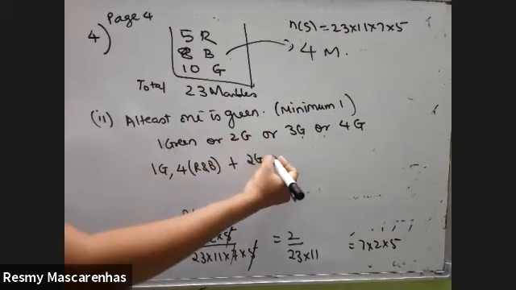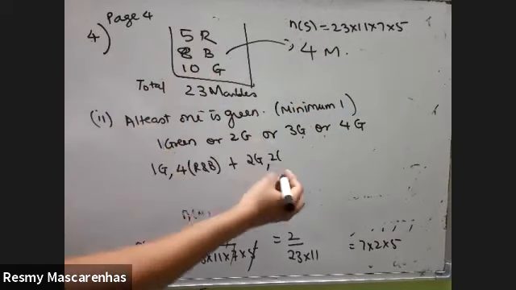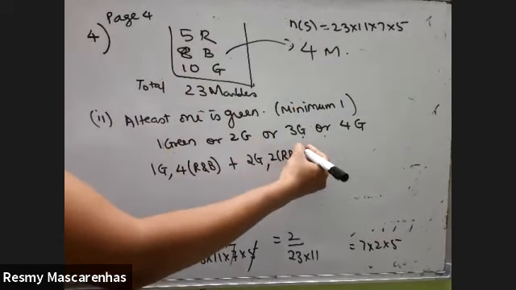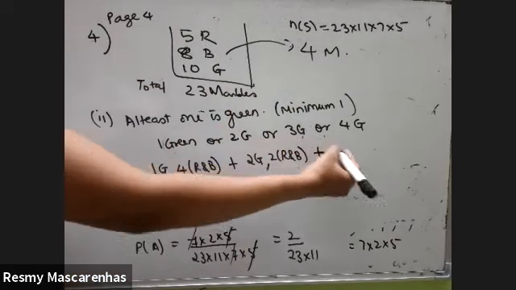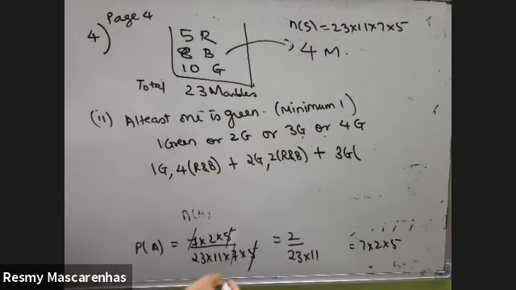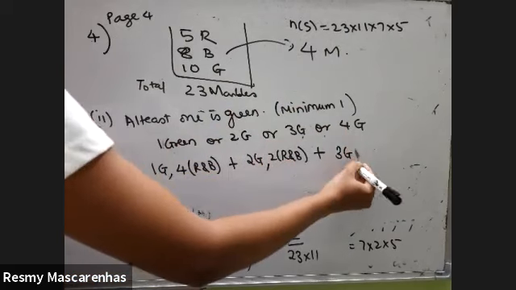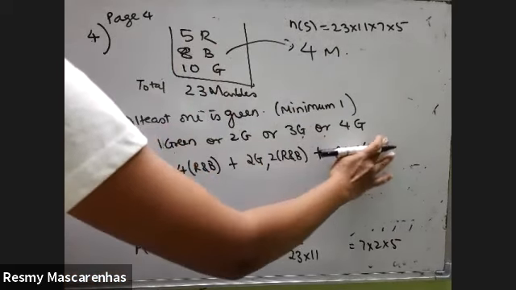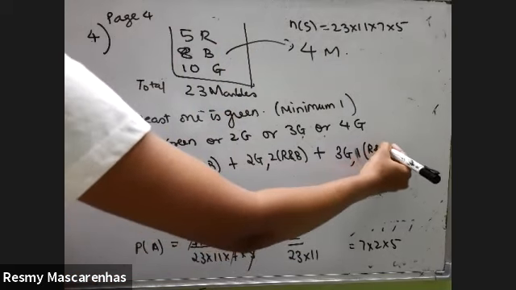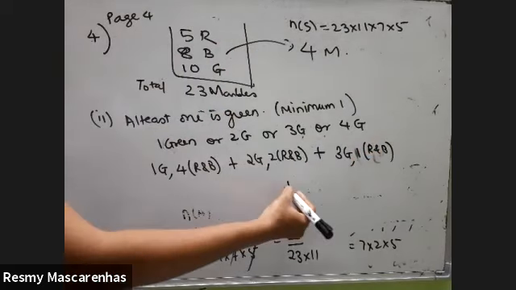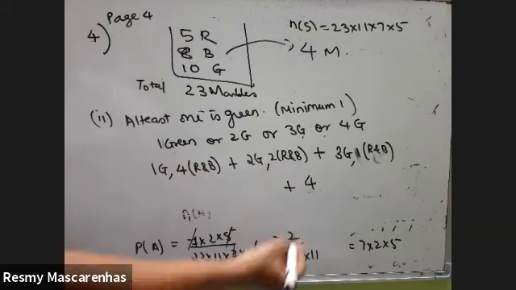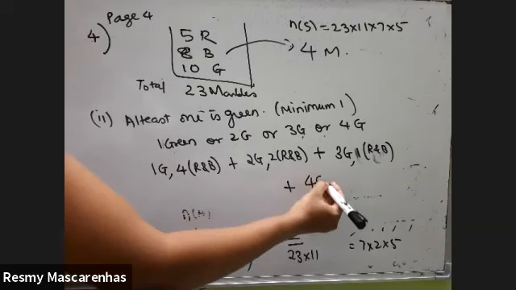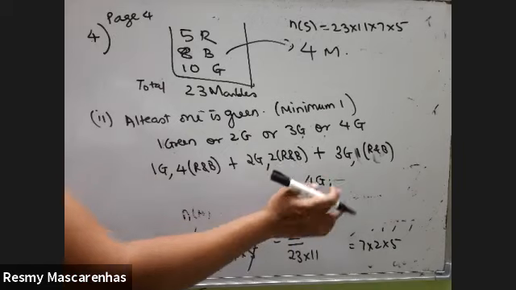So the remaining 2 will be from red and blue. If I'm taking 3 green, then the remaining 1 will be from red or blue. Or if I'm taking all 4 green, that means over. That will be 0 from the other one.